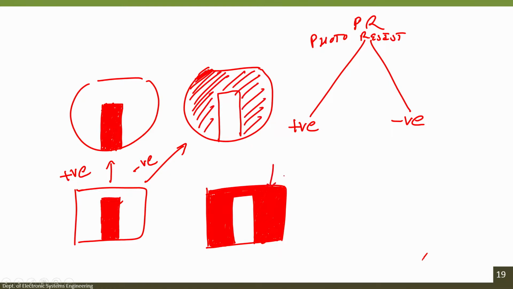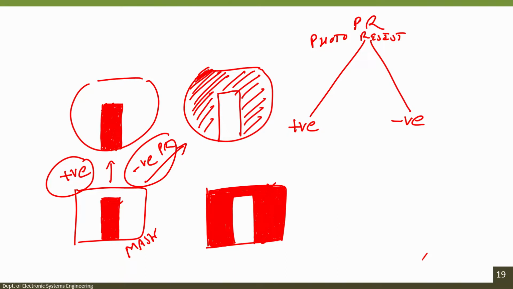So, when we have a negative photoresist, then we have a pattern which is opposite to the mask. This is my mask. I am using the bright field mask with positive photoresist, and I am using this mask with negative photoresist. When I am using positive photoresist, a similar pattern is transferred to the oxidized silicon wafer or substrate, and when I am using a negative photoresist, the opposite pattern is transferred to the substrate.